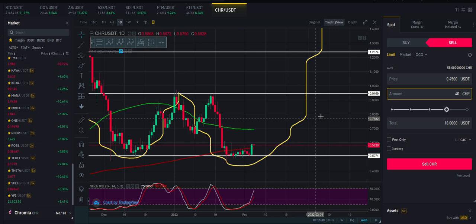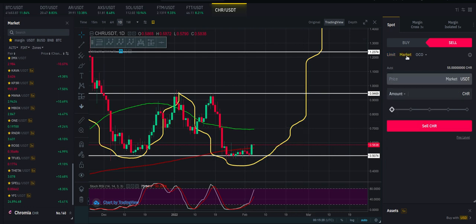Now the second way is that you can use market. For example, maybe you did not set your stop loss and you just come in and you discover that the trade is already at maybe 0.450 or 0.455, very close, and you want to sell it immediately.